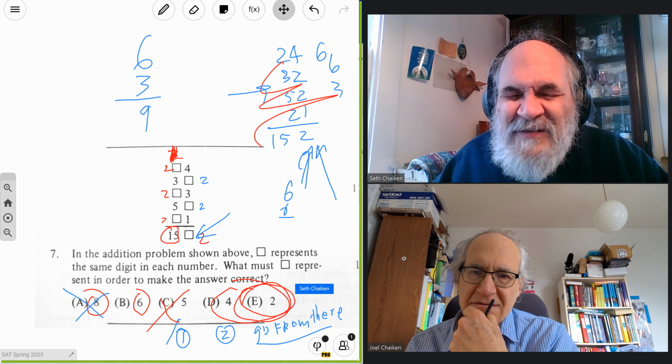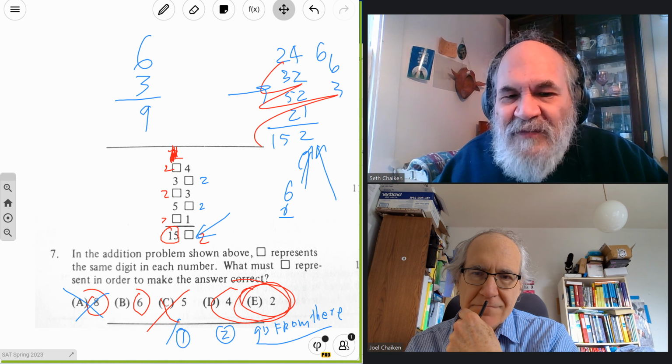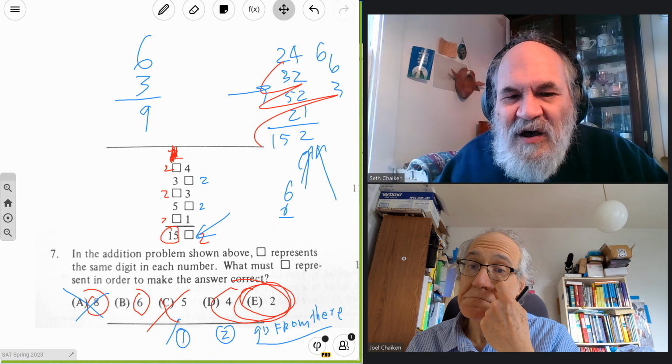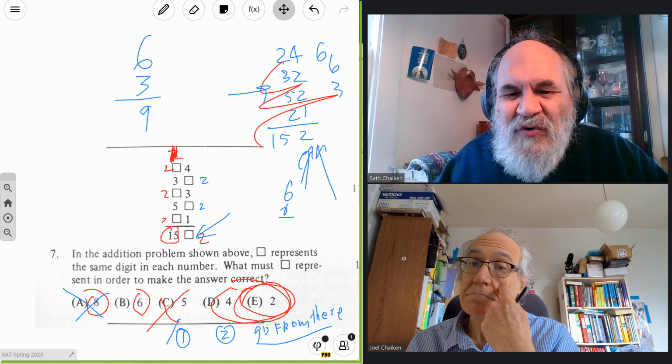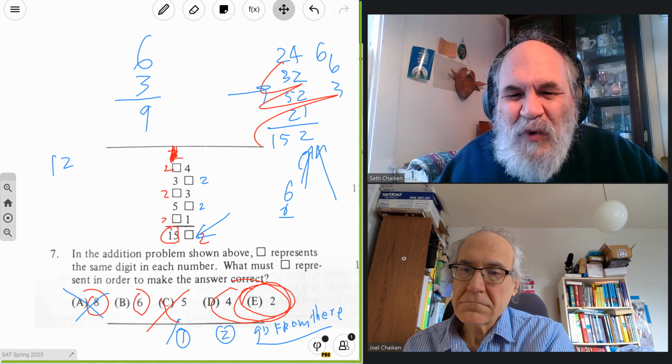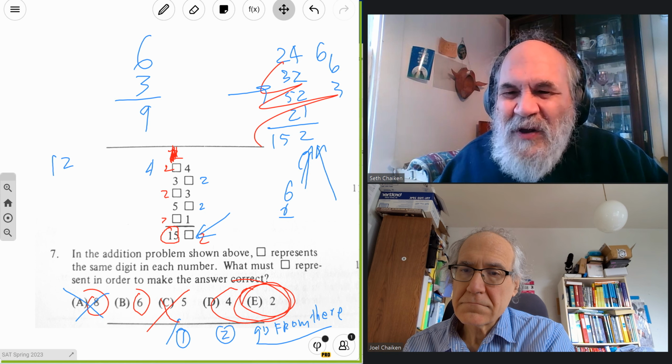Now, can 4 fit? No, 4 can't fit because if it were 4, the last number would be 2 more, which would be 4.